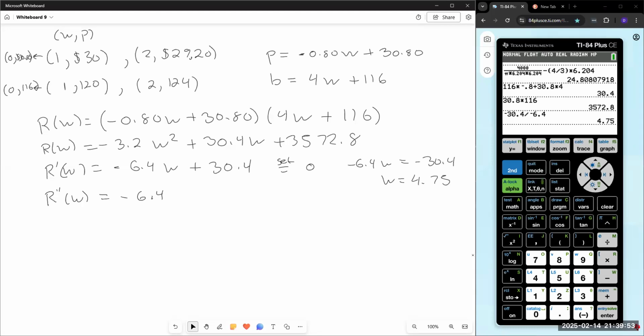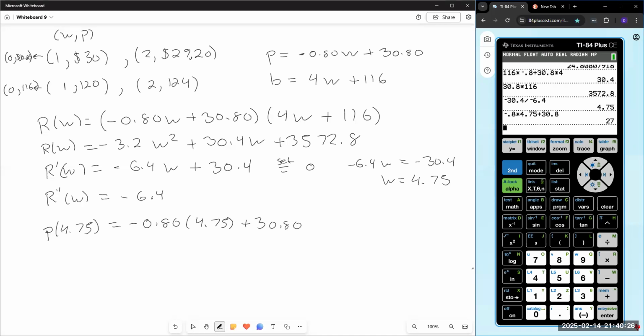So P of 4.75 weeks is negative 0.80 times 4.75 plus 30.80, which is $27 per bushel.